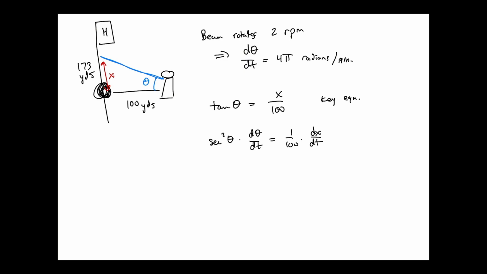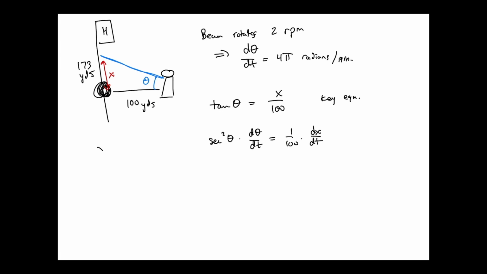Don't have to do the quotient rule here. And the reason is one of the terms is just a constant. So can I think of x over 100 as just 1 over 100 times x? Well, 1 over 100 is a constant, so I can just keep it along. And what's the derivative of x? dx dt, right? Because we have to do all of this implicitly. Okay, so if you did use the quotient rule, let's just do that.